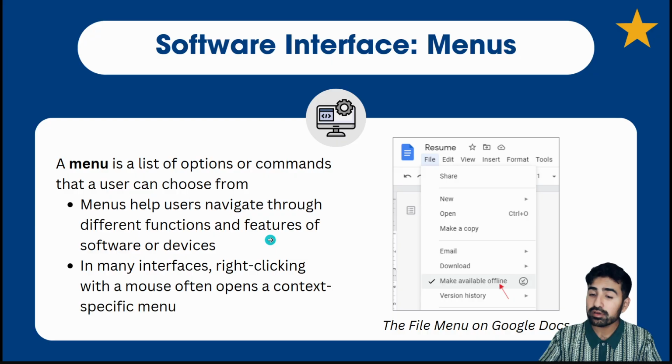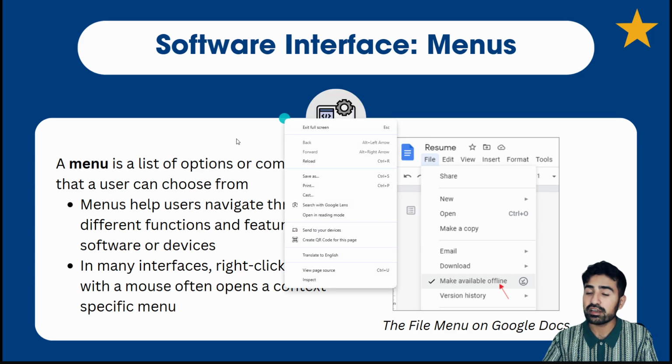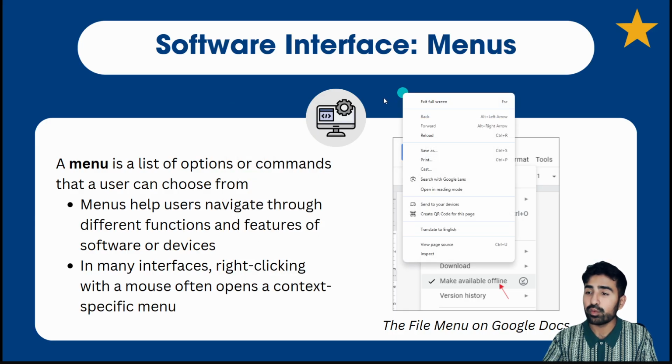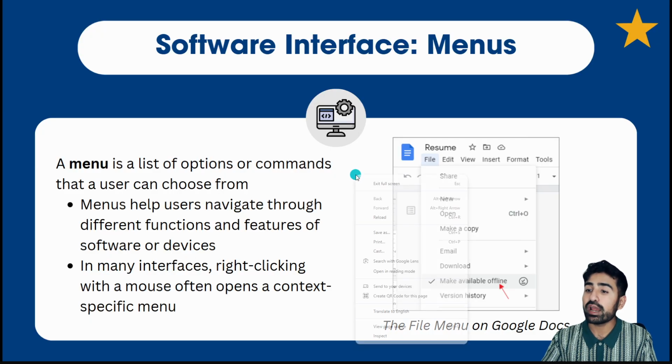Something to remember, especially if you have your mouse, if you have your trackpad on your laptop, a little bit different. If you're on a phone, that's not even going to apply to you. But for most interfaces, if you do a right click, as you can see here, you'll get a menu. So right click, when in doubt, when you're in trouble, when you don't know what to do, try right clicking.